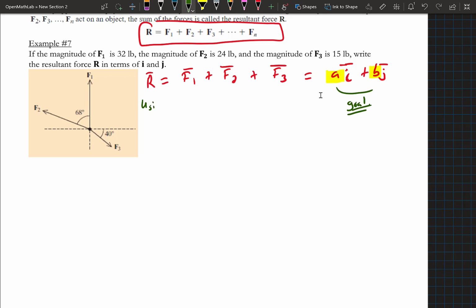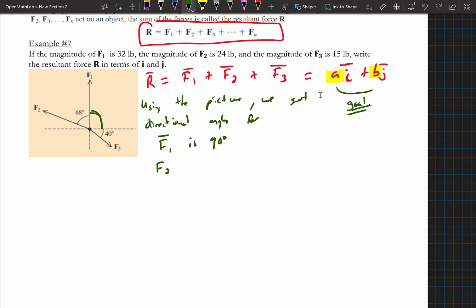Using the picture, we get the directional angles. For vector F1, from here to here, that's just 90 degrees.